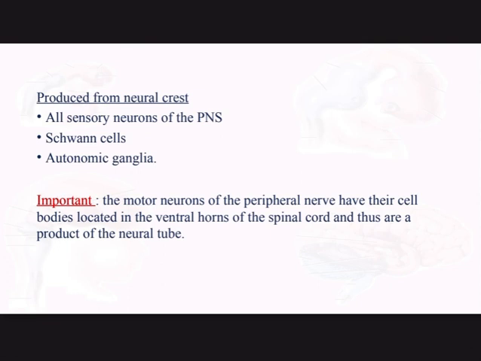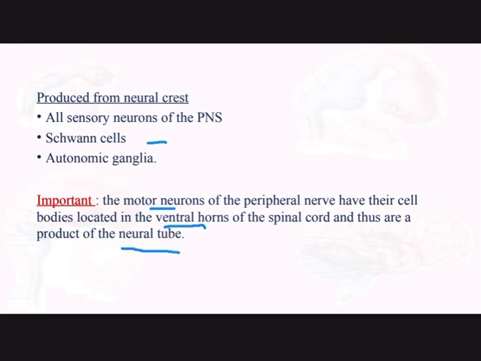They are produced from neural crest cells, all the sensory of the PNS plus Schwann cells, which are significantly important, if you recall myelination and the autonomic ganglia. However, there is an important point. The motor neurons of the peripheral nerve have their cell bodies located in the ventral horn of the spinal cord, and thus they are products of the neural tube.